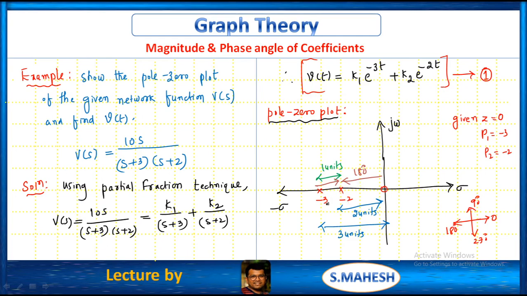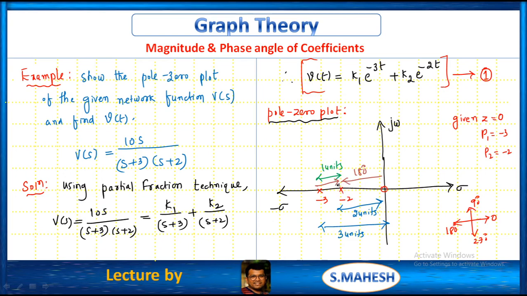From 3 to 2, it is minus 180 degrees. The distance between the pole at minus 3 and the pole at minus 2 is 1 unit, and phi 32 is directed in the opposite sense to phi 02.